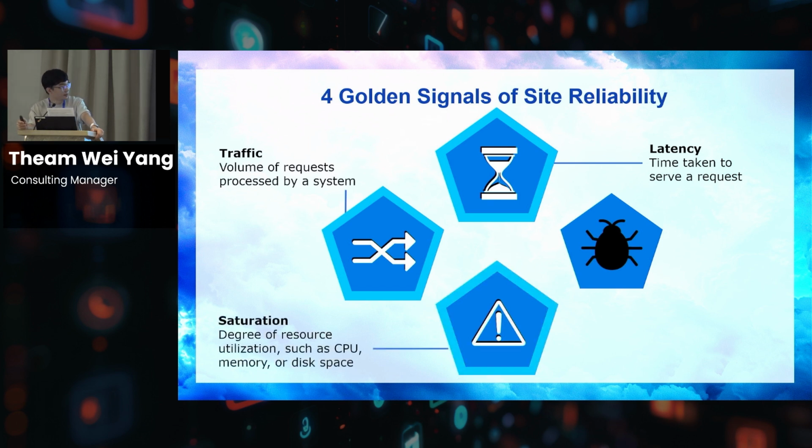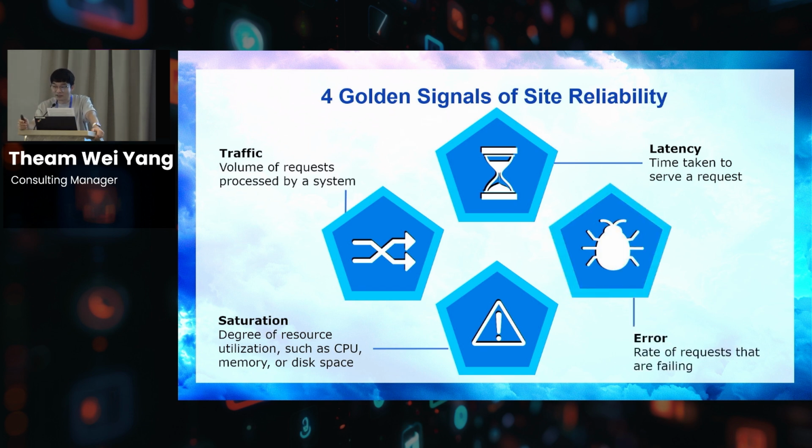Basically, it's the resource utilization for CPU, memory, and disk space, to indicate how close the system is to reaching its limit. Last and the most important one, your error rate. So with these 4 golden signals, you will have a good indicator of the overall system healthiness. All right?